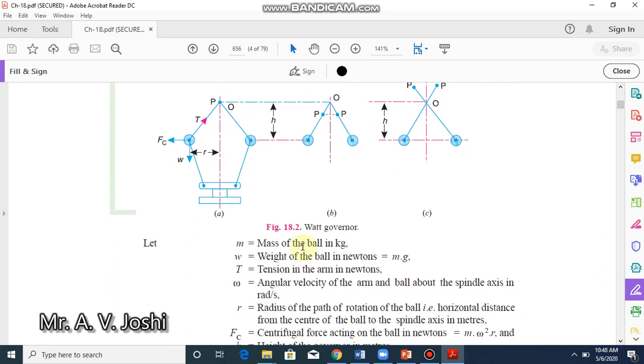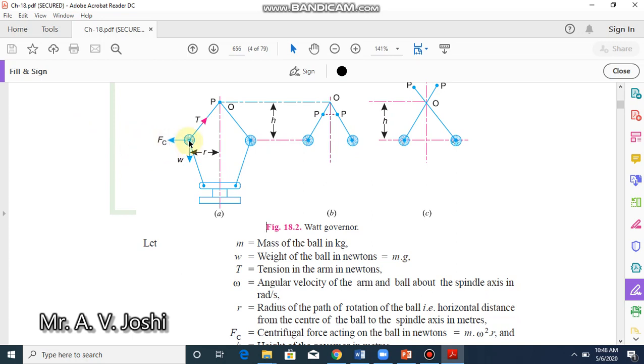Now we have to calculate the centrifugal force or the height of the governor. Here, Fc is along the horizontal axis, because when the speed increases, the balls of the centrifugal governor go away from the axis. So Fc is the direction of force in that direction.